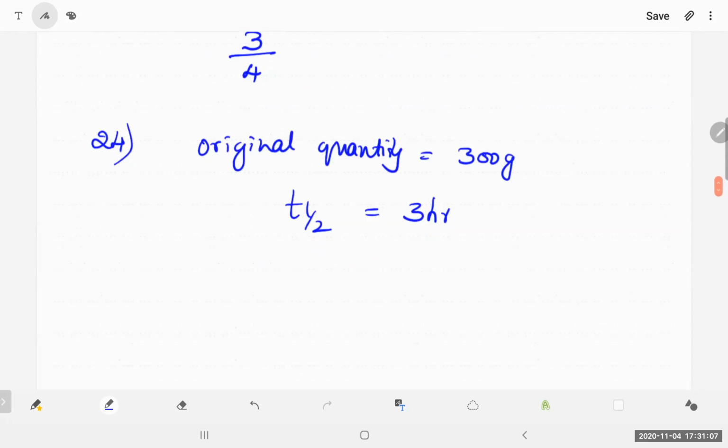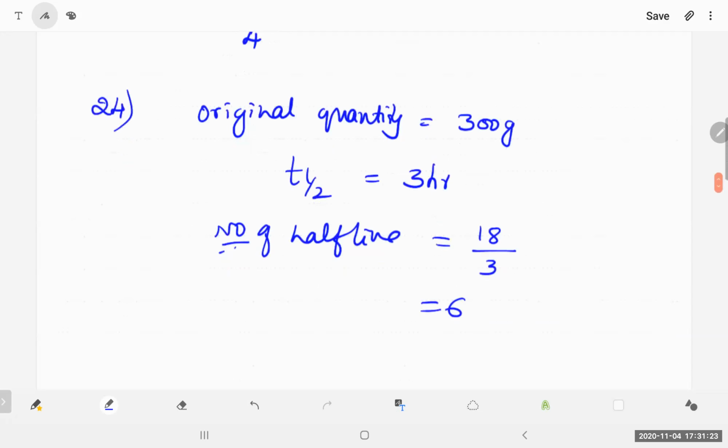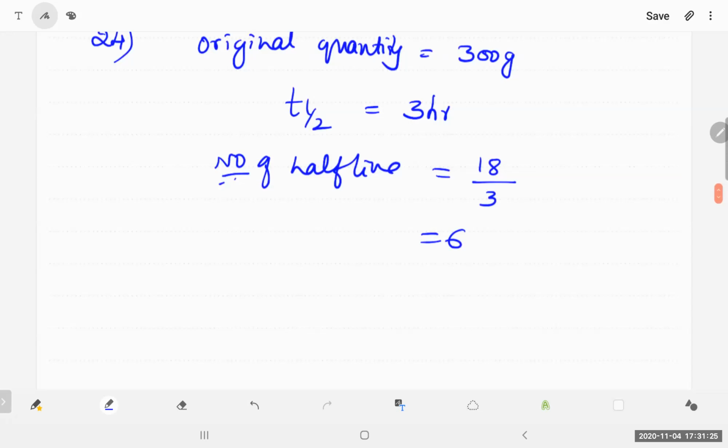Number of half-lives is 18 hours by 3 hours, which is equal to 6. After 18 hours, 1 by 2 to the power of 6 of the original substance is remaining.